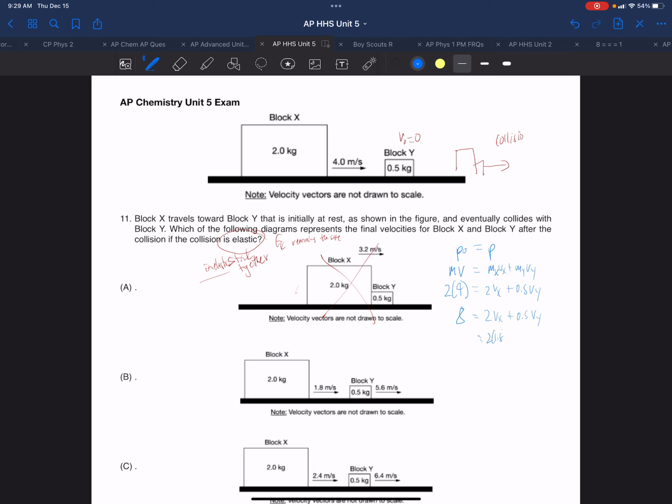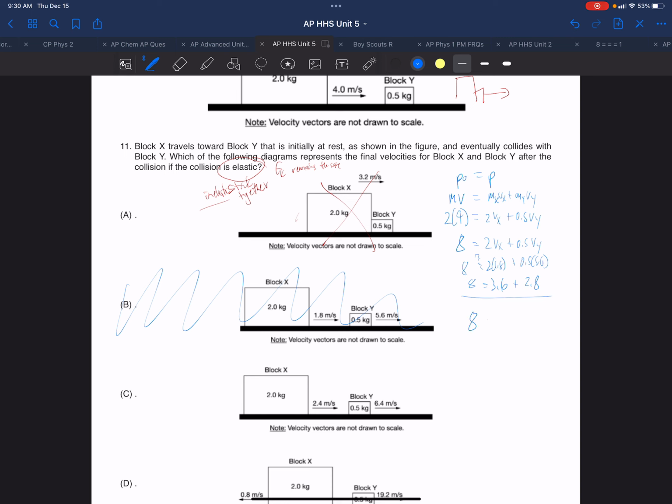2 times 1.8 plus 0.5 times 5.6. Does it equal 8? So this is 3.6, and half of 5.6 is 2.8. So that does not equal 8, so it looks like choice B is out.